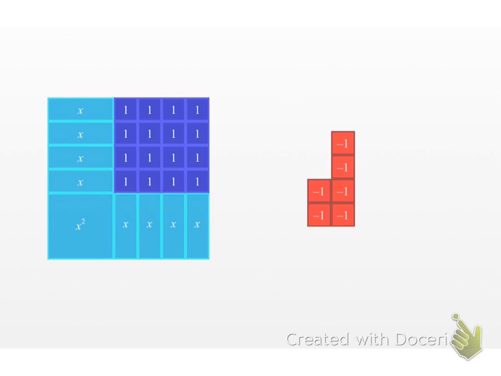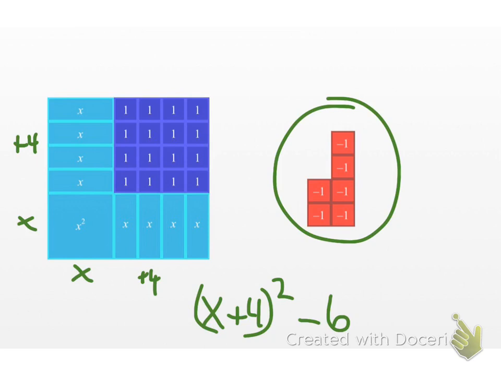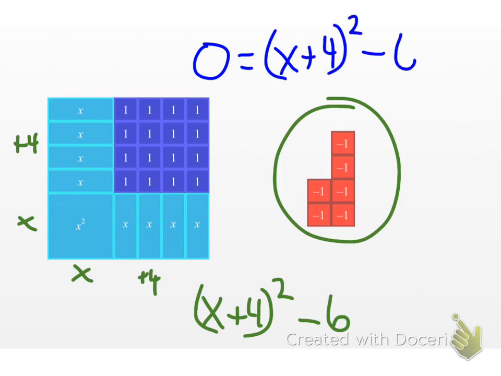I now have my x plus 4, x plus 4, for an x plus 4 square. All my unit tiles have now simplified down to a minus 6. That is now my equation: 0 equals x plus 4 squared minus 6.